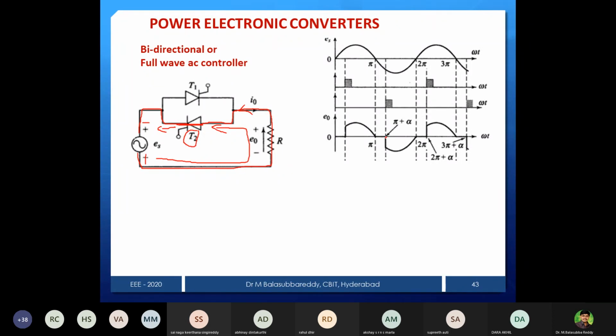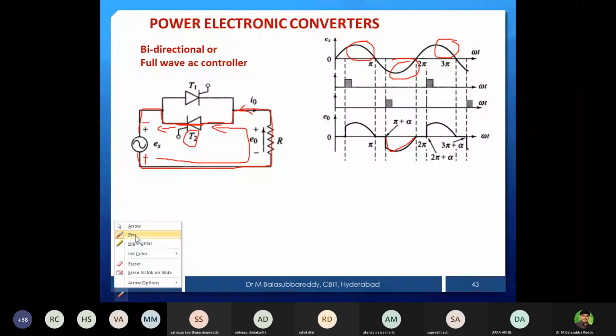That's why from pi plus alpha onwards we are getting same as the source. Whatever source is here, that one, whereas earlier also this one for positive. And again the positive cycle is going to repeat. And here we want to see the voltage across the device.